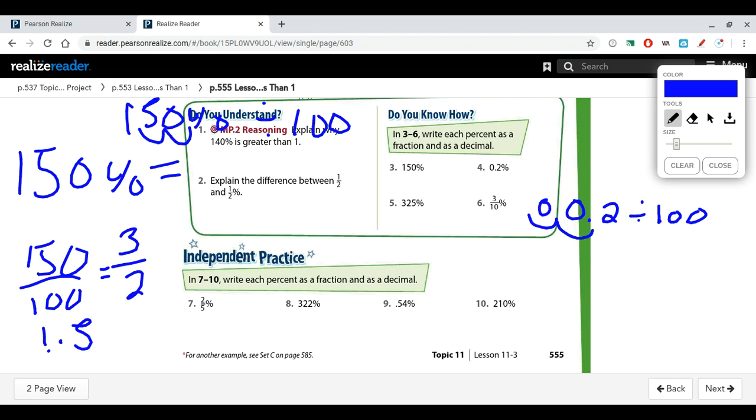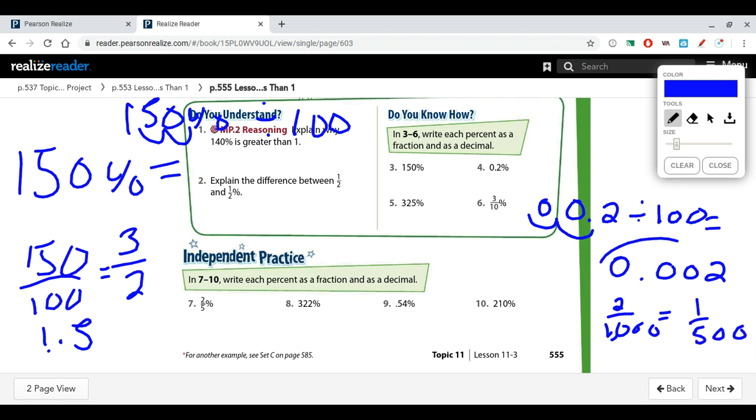So I need to have a 0 in front of there. So my decimal is going to be 0.002. And then if I write that as a fraction, it's 2 over 1,000, but then I simplify. So it's going to be 1 over 500th. So there's my decimal, there's my fraction.